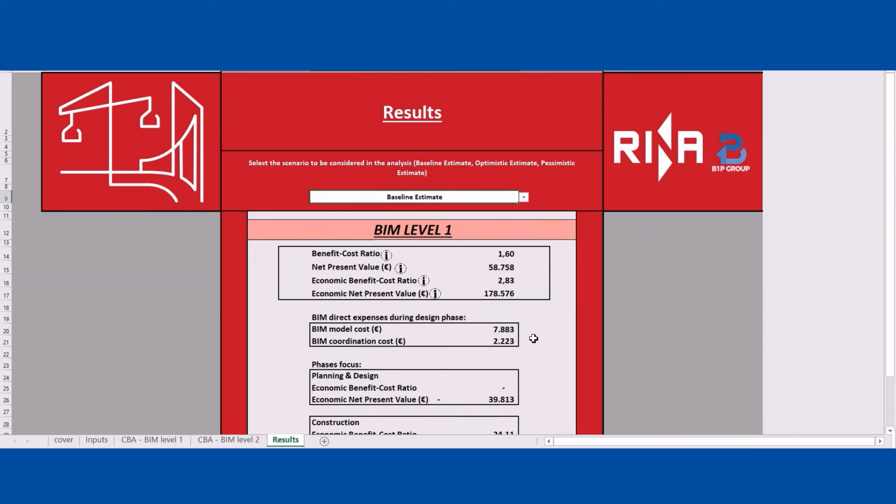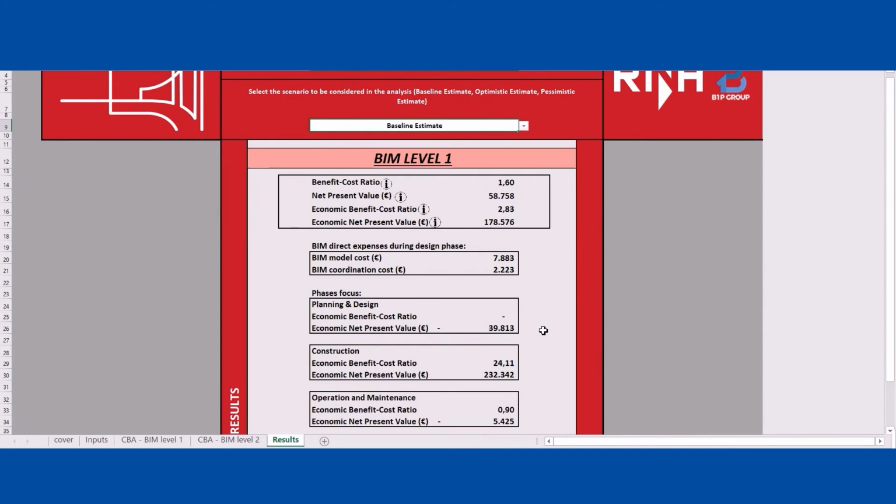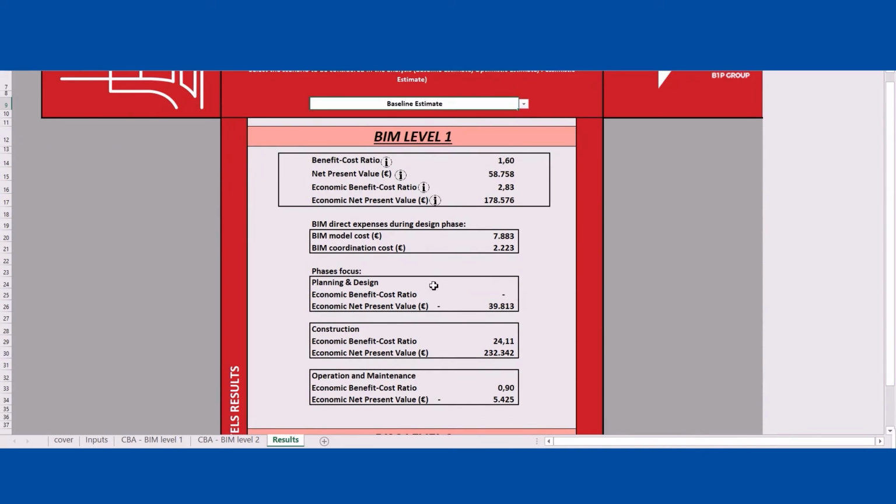The same indicators described before are also computed for each of the three phases of a project considered by the tool: the planning and design phase, the construction phase, and the operation and maintenance phase. In this case, the overall project benefit cost ratio is higher than 1, and the associated net present value is positive.